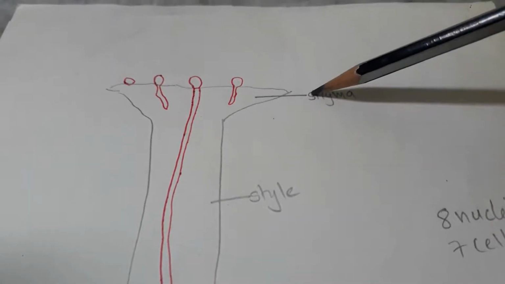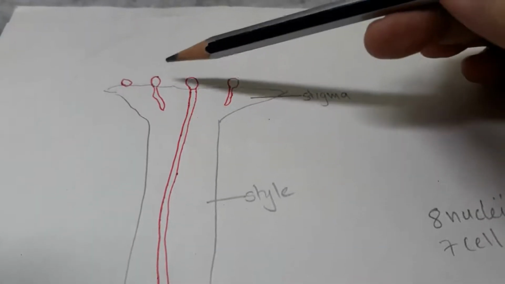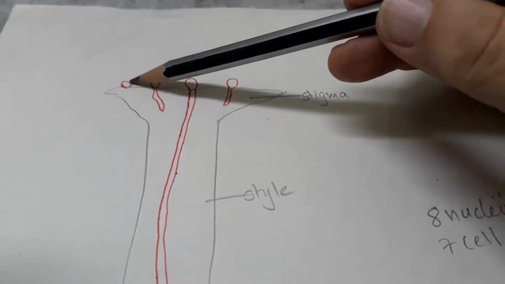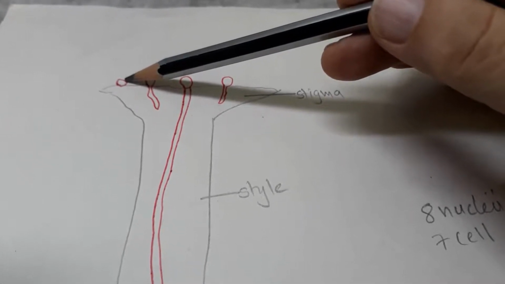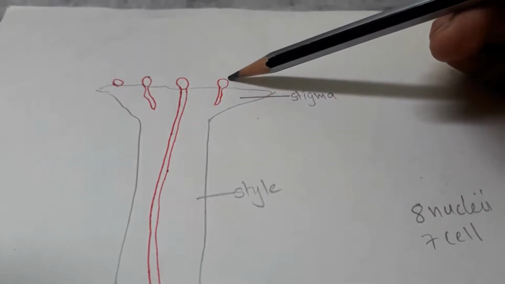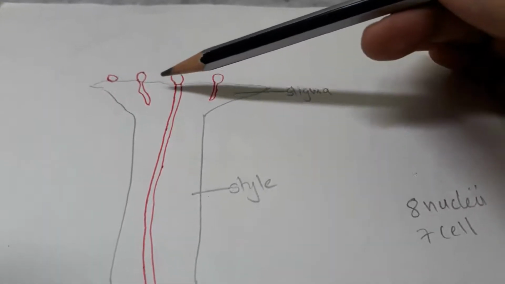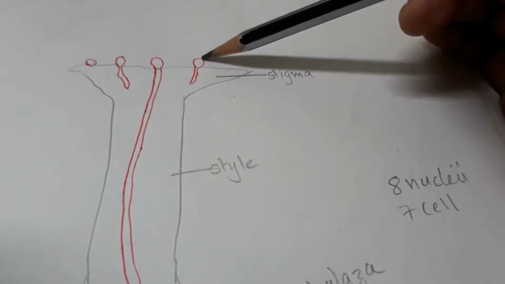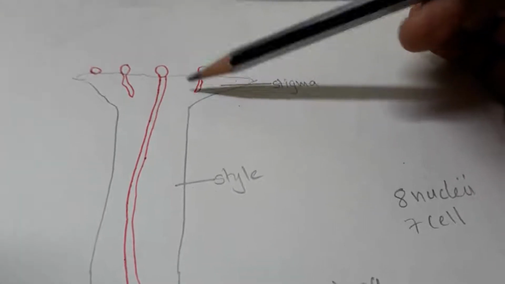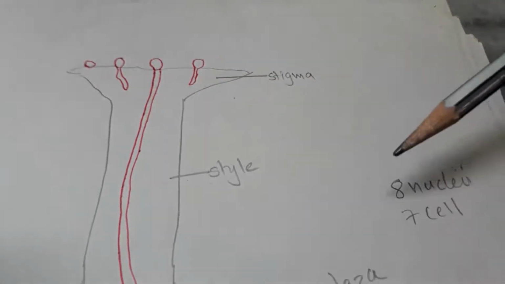Now, let us have a look at the pollen grains which have come and fallen on the stigma. You can see that some pollen grains fail to germinate. It is not so that all the pollen grains which fall are successful in germinating. See, the pollen tube is not moving ahead here.